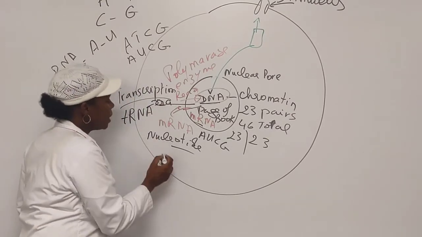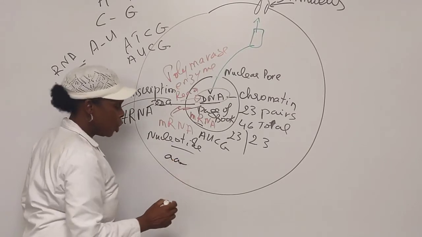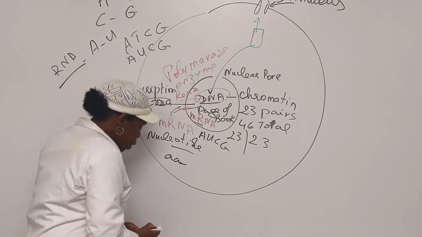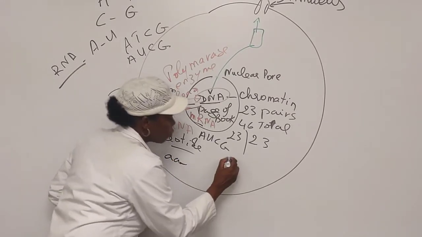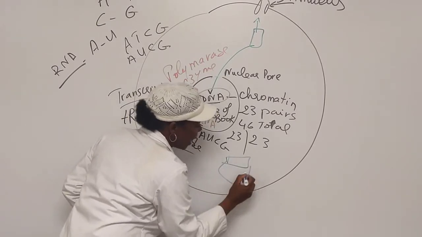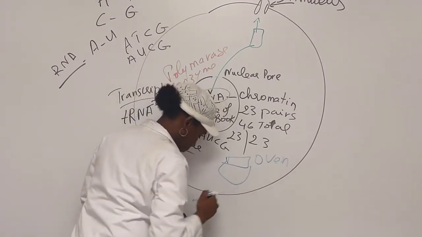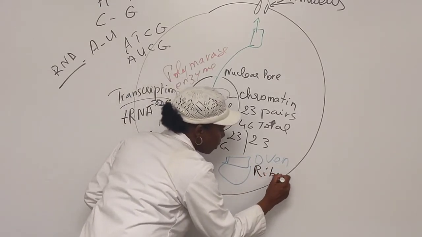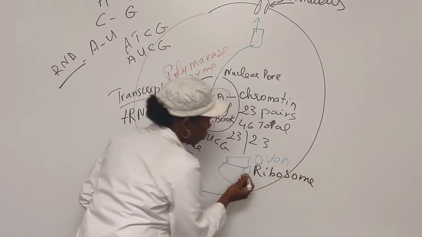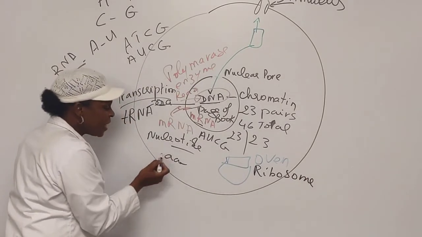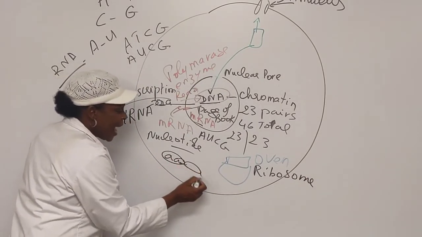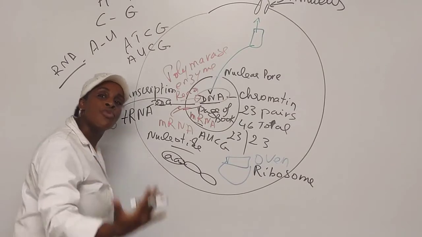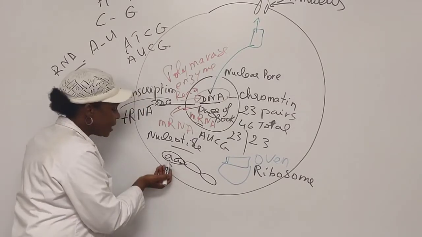So the tRNA will take the pieces of amino acid to where? To the ribosome. The ribosome, we say, is like the oven. So the ribosome will take the pieces of amino acid and add them together to build the protein. So amino acid is what?